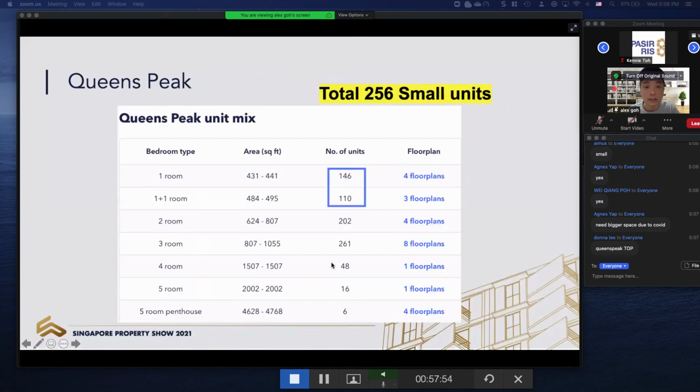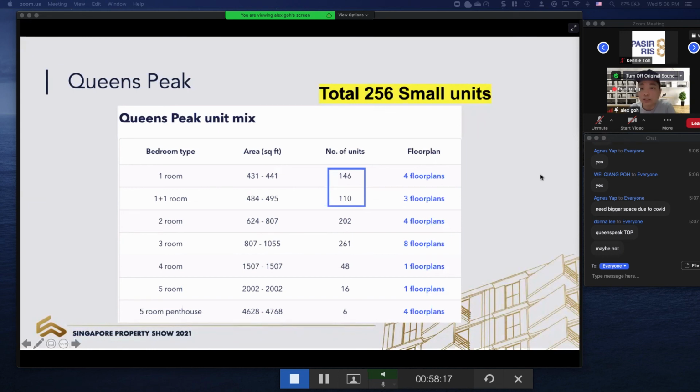Okay. So now we see 3-bedroom Queen's Peak got 261 units. So do you think Commonwealth Tower 3-bedroom prices will drop also? Do you all think it will drop? Yes or no? No one, maybe not. Why?